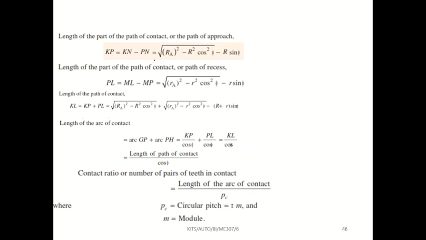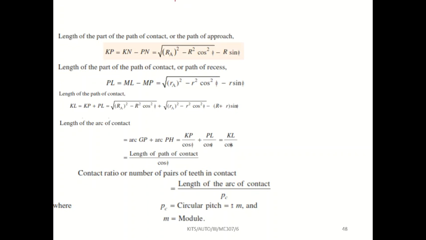For path of approach, the formula is root of RA square minus R square cos square phi, minus R sin phi. If we consider interference avoided, we have to keep the maximum value where interference is just avoided. That is the question.